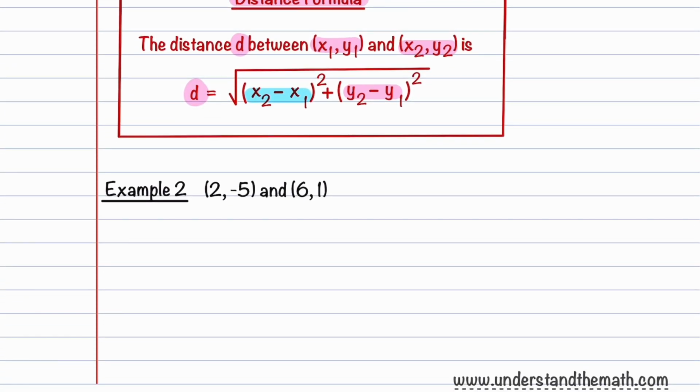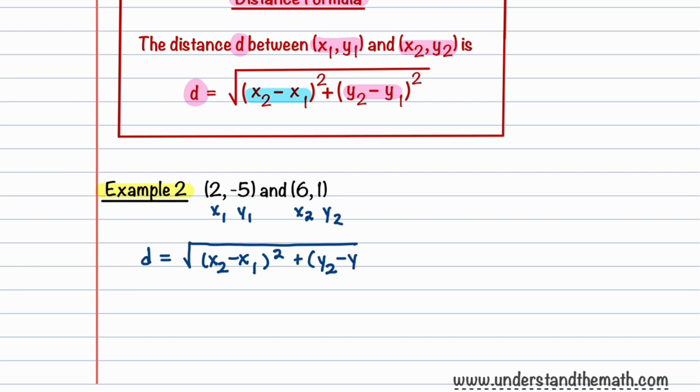Let's now use this formula to find the distance between the 2 points listed here in example 2. Let's begin by labeling our first point x1, y1, and our second point x2, y2. Let's now write down our distance formula. Our distance is the square root of x2 minus x1 quantity squared plus y2 minus y1 quantity squared.